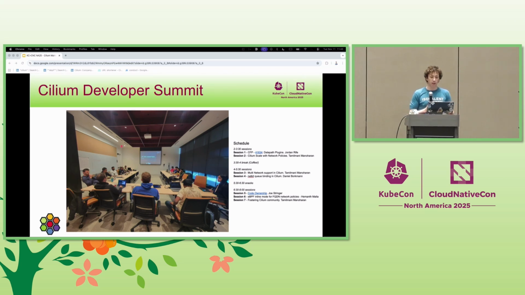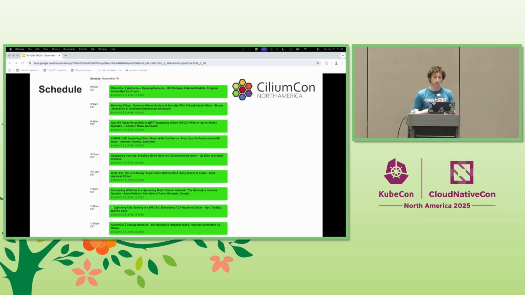We had that yesterday and discussed a lot about the future of the project, from data path plugins to NetKit for bringing network scalability to VMs running on Kubernetes, and thinking about the future of the community as a whole. Yesterday, we also had a great CiliumCon North America with lots of different sessions, from IPv6 and Kubernetes to deep diving into BPF code and debugging the networking data path.